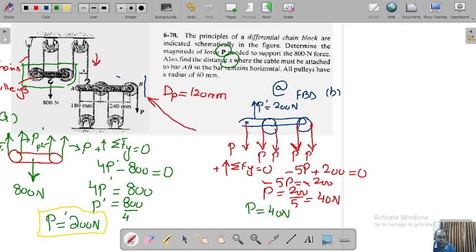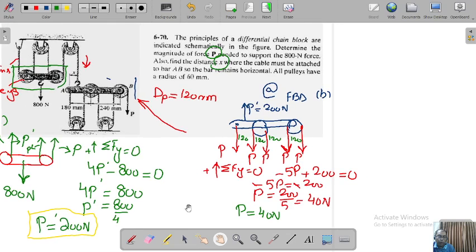This is going to be 120, this is going to be 120, and this is going to be 120. They are all of 120 mm. So you can calculate your moment.